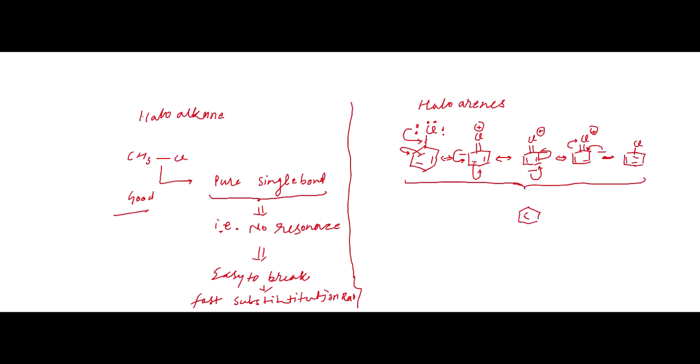Here a partial double bond will come, with positive on Cl and negative on the ring. You will find a partial double bond, and double bond means nothing but two bonds. In haloalkane it is a single bond only, but here it has partial double bond character.